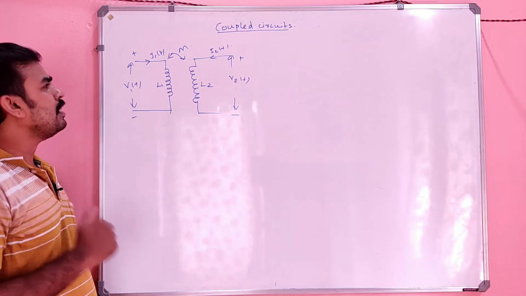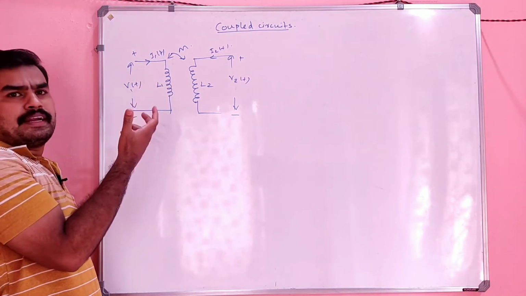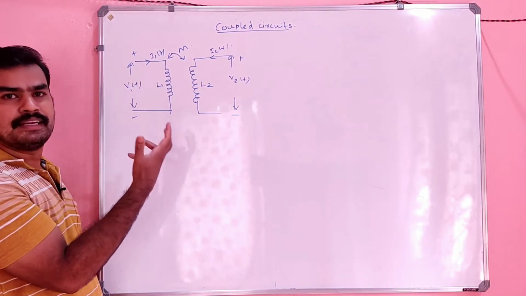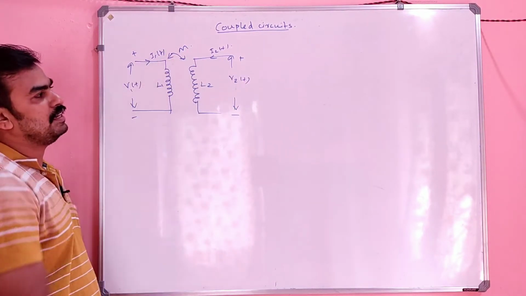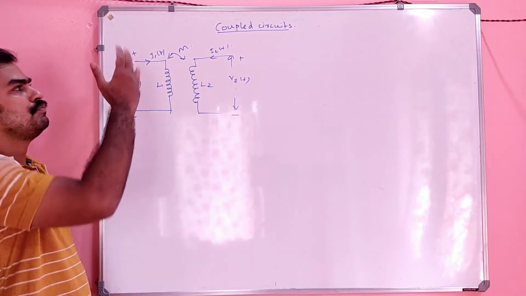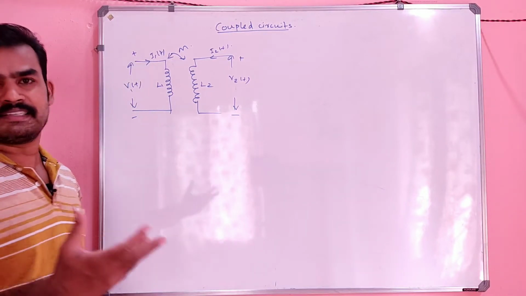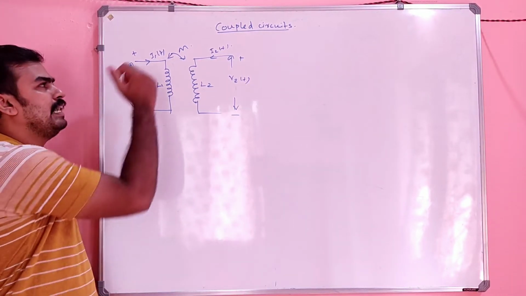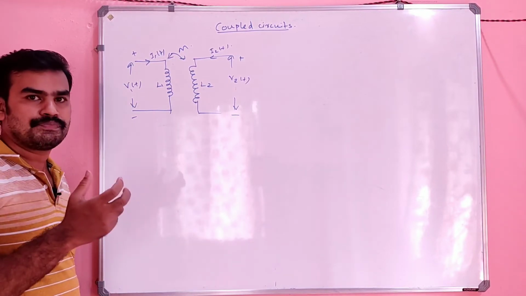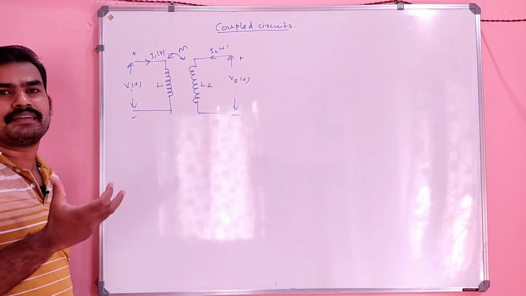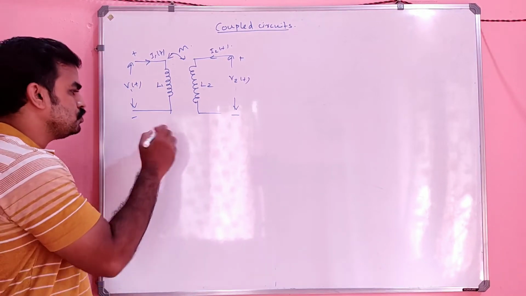V1 of t is the voltage applied across the first coil having inductance L1, and V2 of t is the voltage applied across the second coil having inductance L2. I1 of t and I2 of t are respectively the currents in each coil, and M is the mutual inductance between the coils.